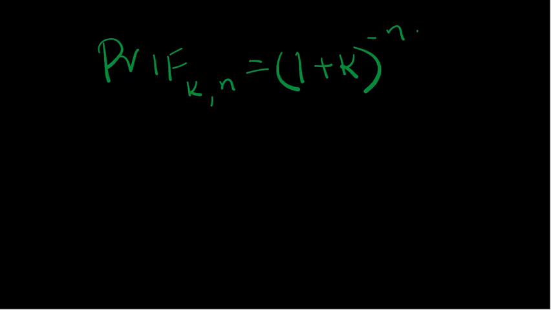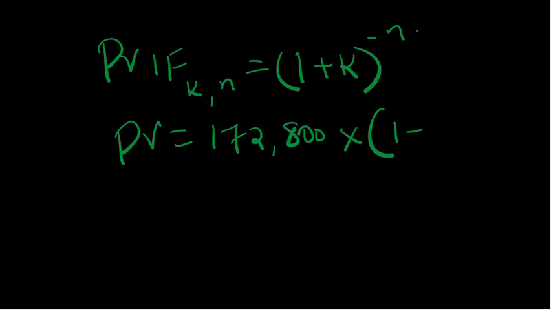So you can as well say that the present value is equal to 172,800, which is the future value, multiplied by 1 plus the rate of interest, which is 20%, 0.2, raised to negative 3.